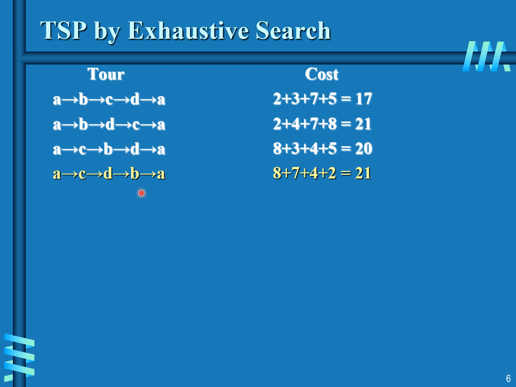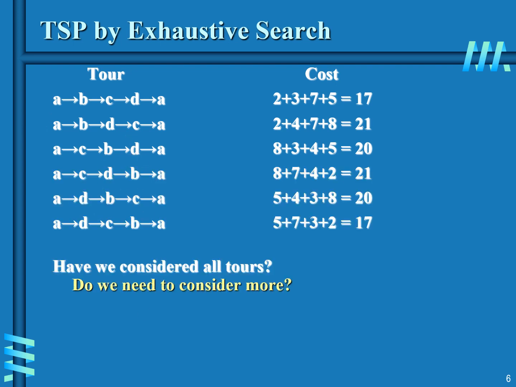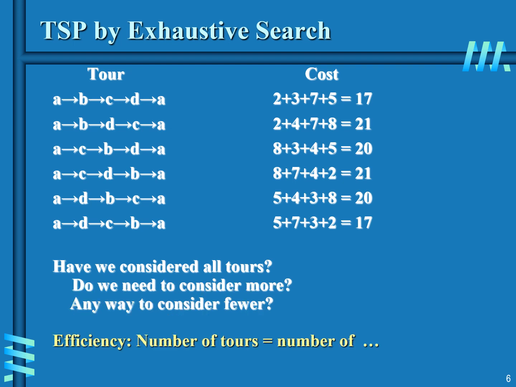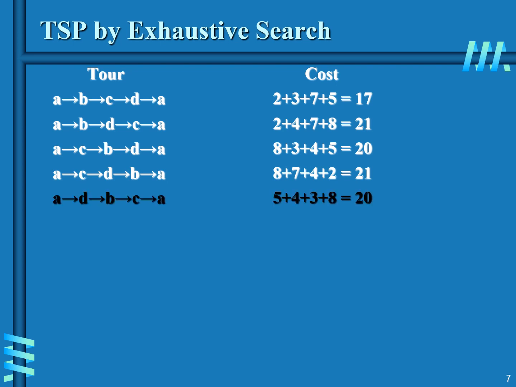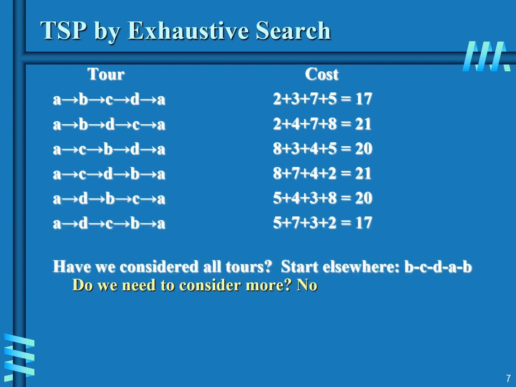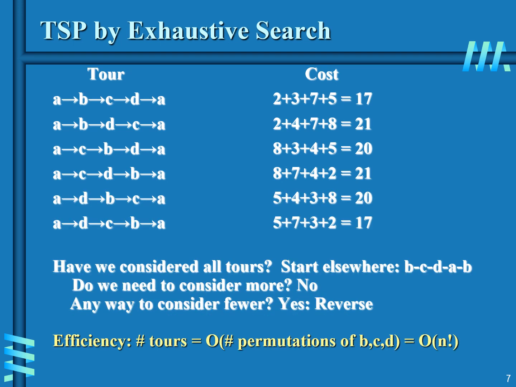Likewise, you generate all the tour combinations and select the one with the minimum tour length. The efficiency is the permutations of the tours, that is B, C, D, so it is big O of n factorial.